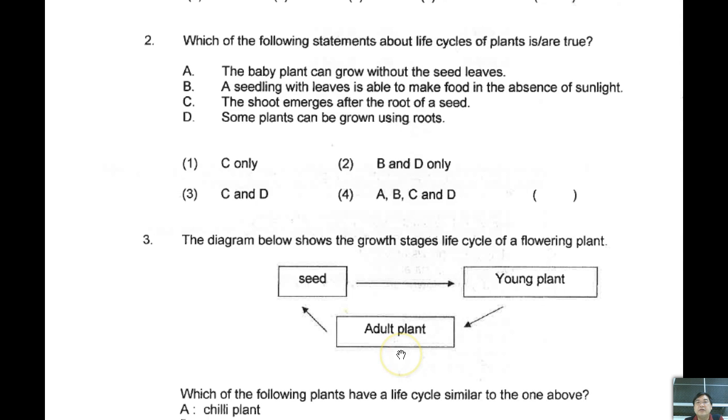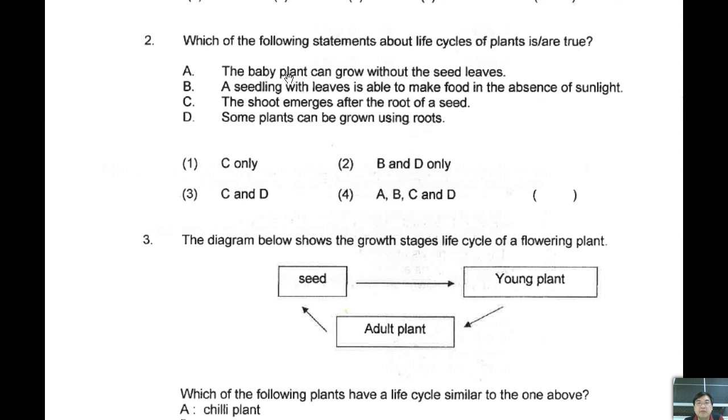Now, which of the following statements about life cycles of plants is true? Now, the baby plant can grow without the seed leaves. For here, this is a bit confusing. Does baby plant mean the seedling, or does it mean the young plant?